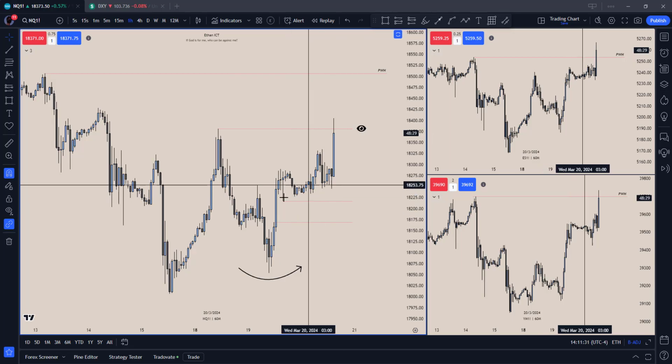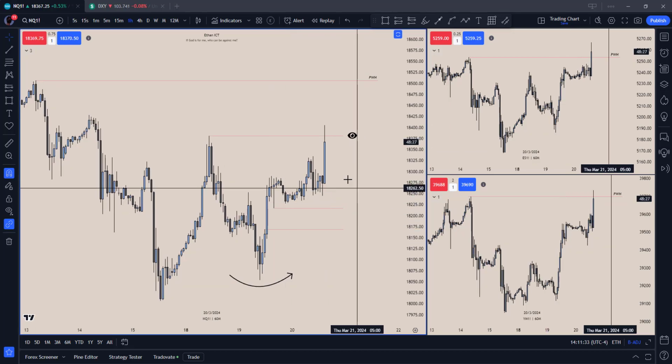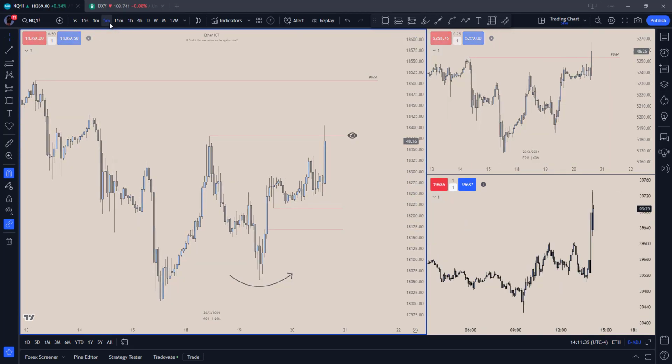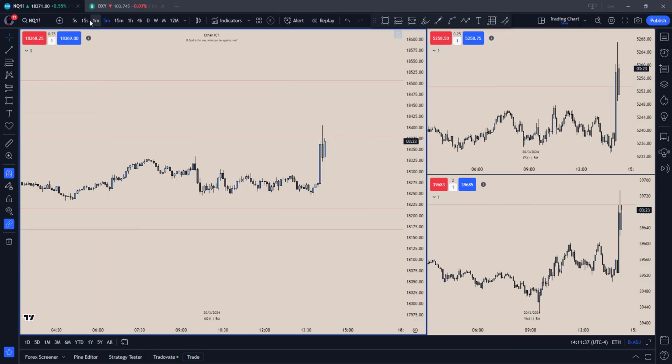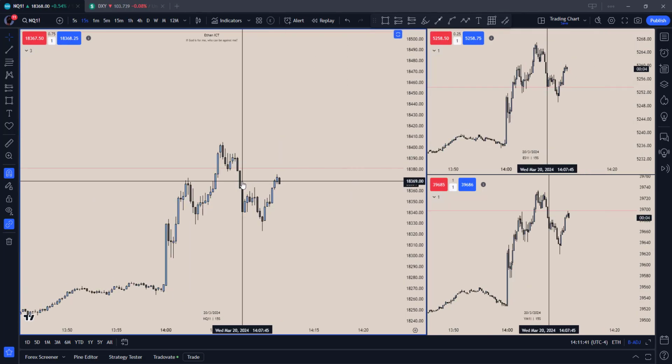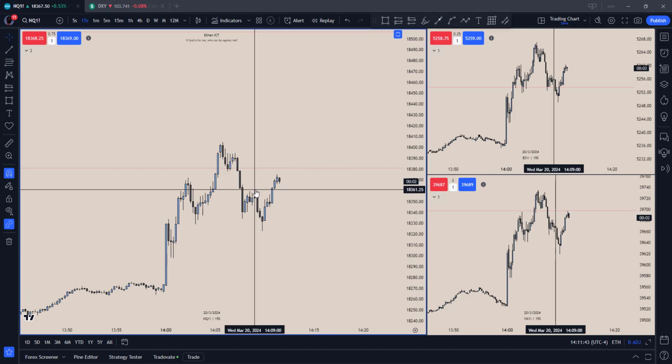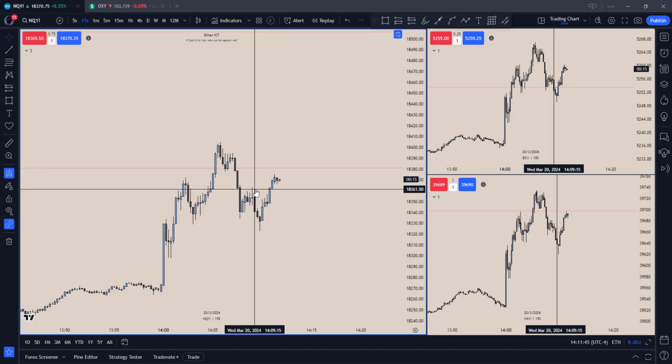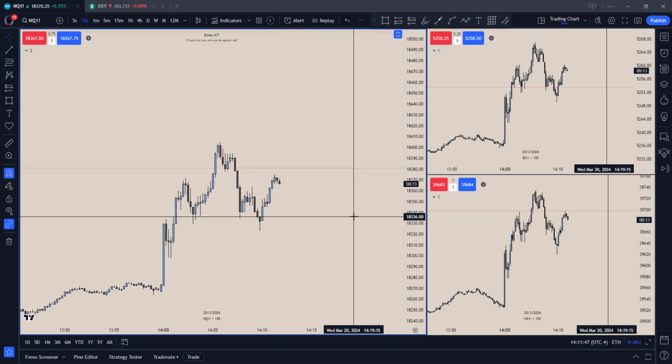We could be trading back into here, this fair value gap. I'm gonna give it a little bit of time to develop more price action here, and then I'll potentially take another stab.